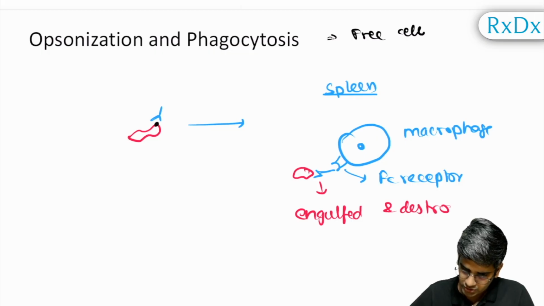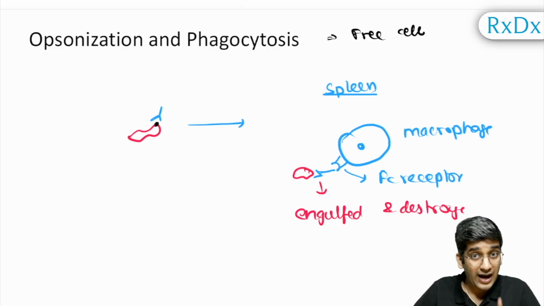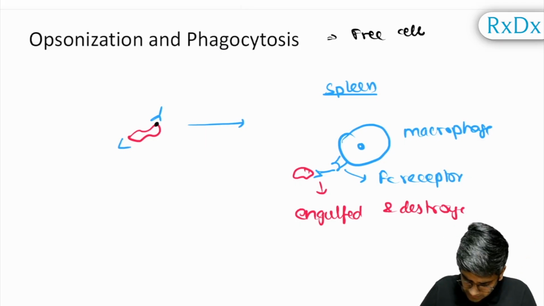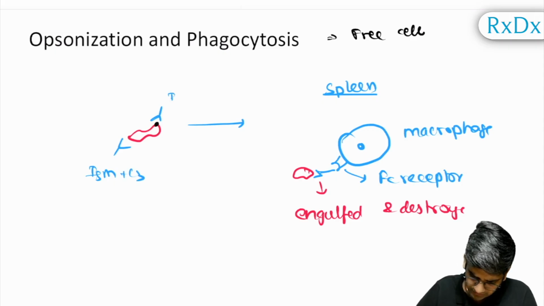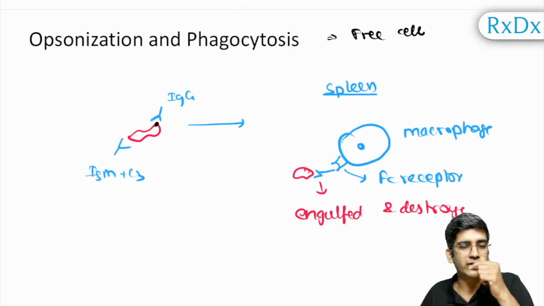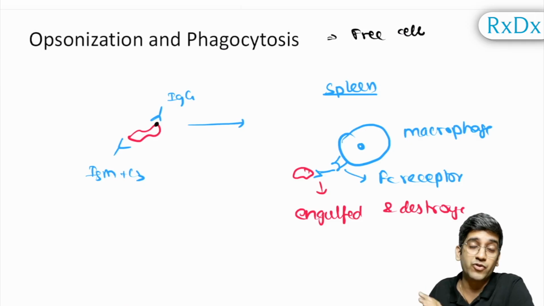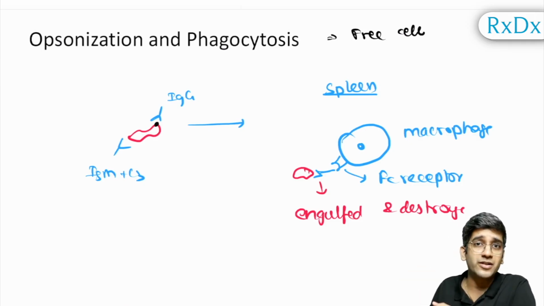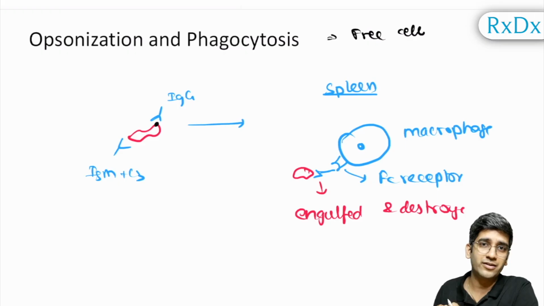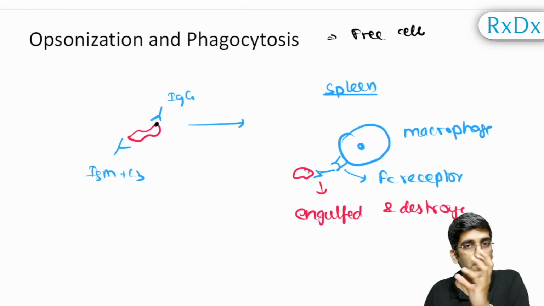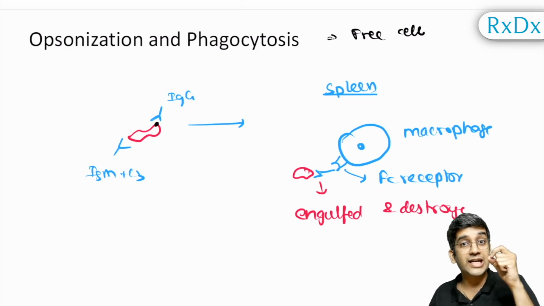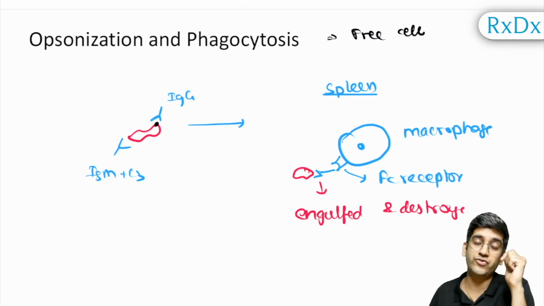Okay. So this could be IgG as a covering, or sometimes I can have IgM plus C3 as a covering. Whatever, right? IgM is weak, like I said in the previous module, so it will always ask the help of complement. That also is an opsonin. That also will go in the same route only, right? So ultimately, it's opsonization and phagocytosis if the cell is small and if the cell is free.